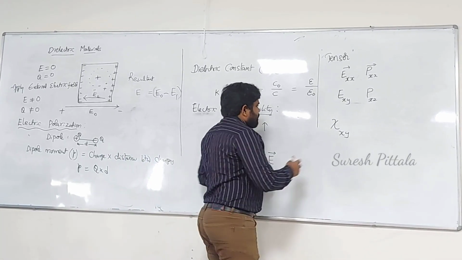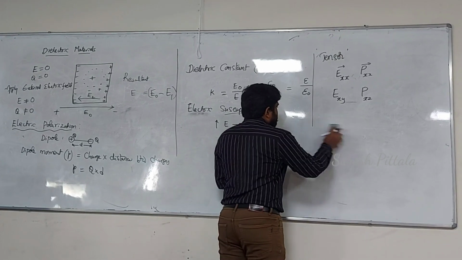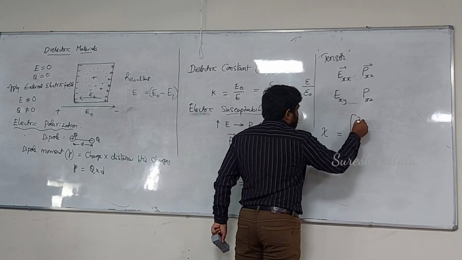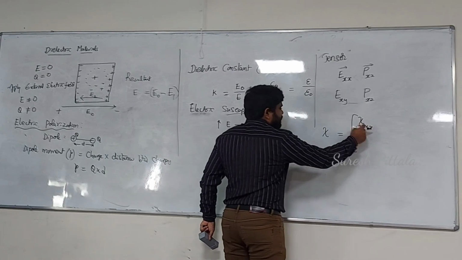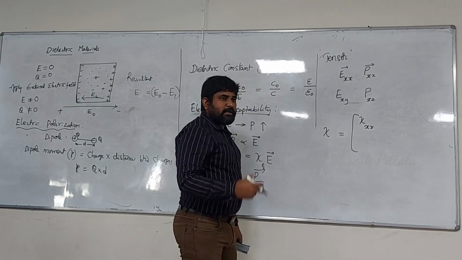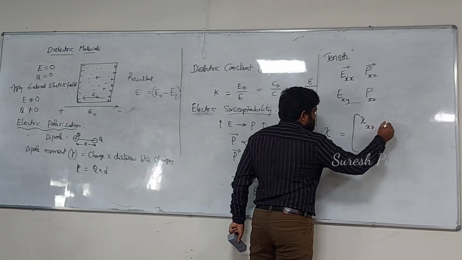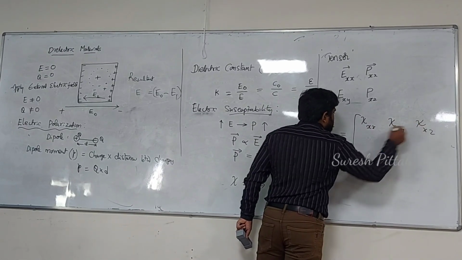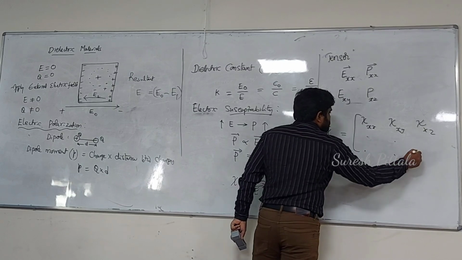Okay. So like that, if I write chi, the chi matrix is having all sort of direction. I can apply electric field in x direction, y. I can measure polarization in y direction. Xy, xz, like that.